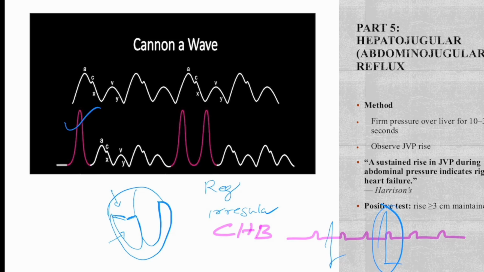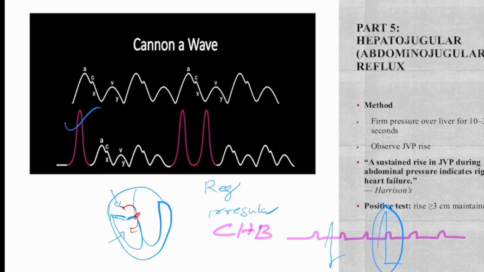That is, the impulse is originating in the junction. It activates the atria, it activates the ventricle simultaneously. So what happens? During each contraction, atria and ventricles are contracting together. So you can get co-contraction and produce a regular cannon wave. Hope it is clear to you.